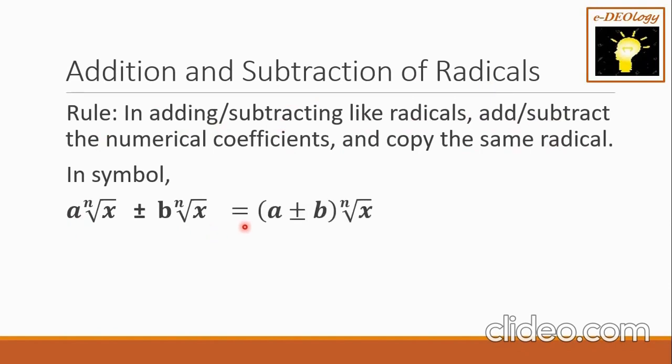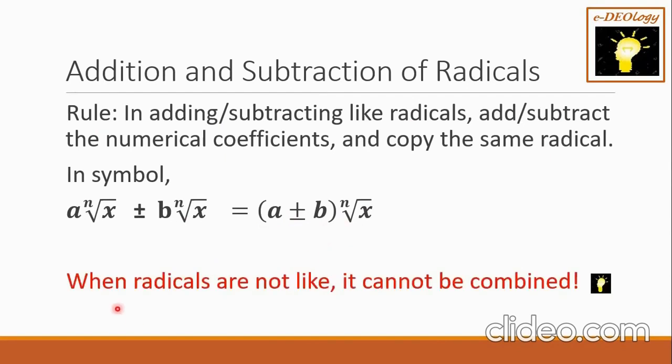The answer here is a plus or minus b, and then we affix the common radical, the nth root of x. Take note that when radicals are not like, they cannot be combined.